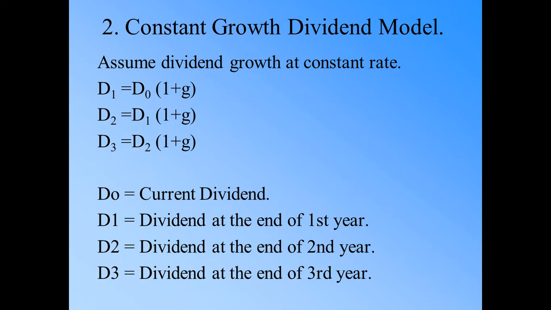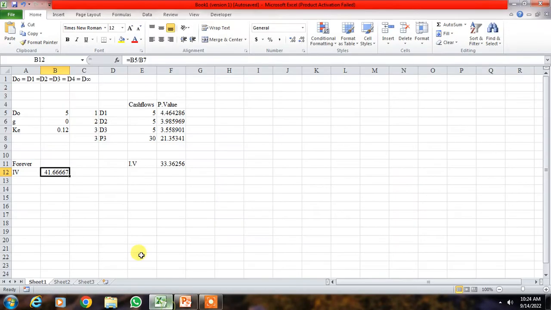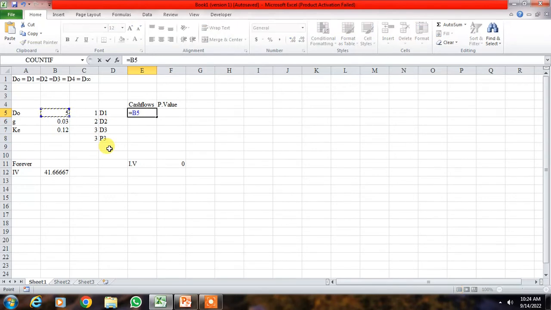So let's suppose, okay, let me do it in Excel. For example, the growth rate is 3%. Now in this case, my dear, you can see that this is the current dividend, 5, so your D1 will be the 3% increase in the current dividend.